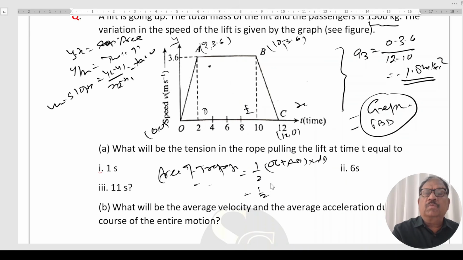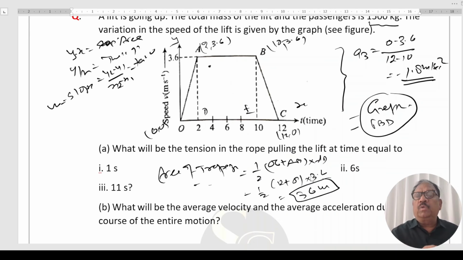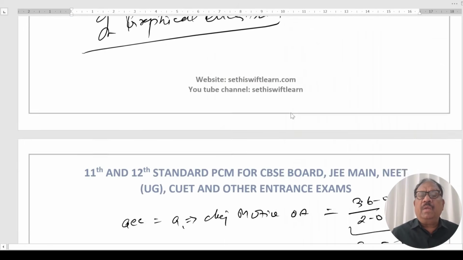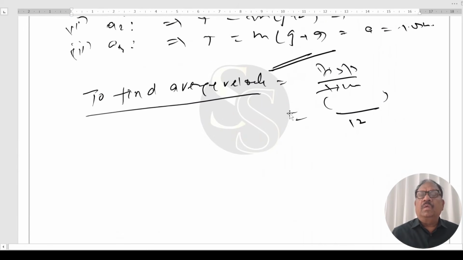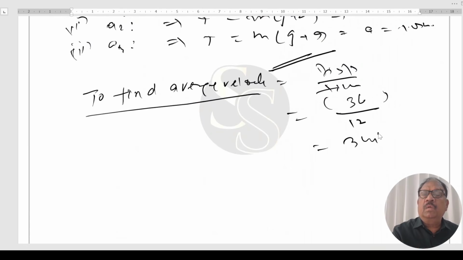On simplification, OC is 12 plus AB equal to DE, that is 10 minus 2 equals 8, into 3.6. 12 plus 8 is 20, half is 10, 10 into 3.6 is 36 meter. Displacement comes out to 36 meter. Then displacement is 36 over 12, so 3 meter per second average velocity.